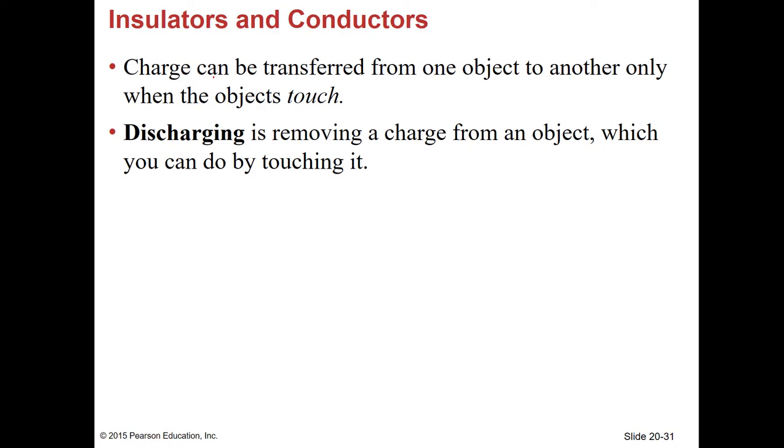So if you have a big enough electric field, you could have a discharge, like for example with lightning. So discharging is removing a charge from an object, which you can do by touching. Okay, so what I was talking about up here is air is actually touching, so you could have electrons go through air if the electric field was big enough.